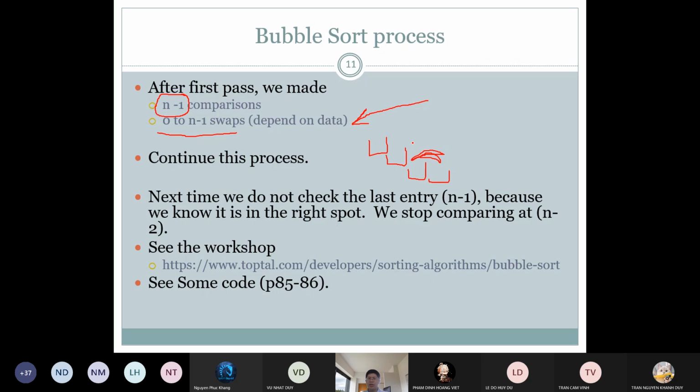In which situation do we have n-1 swaps?